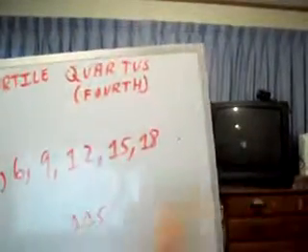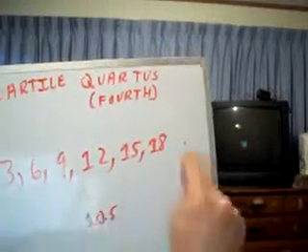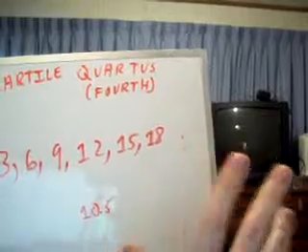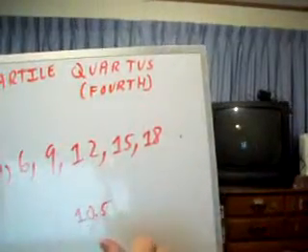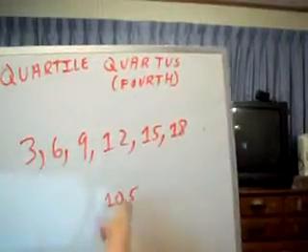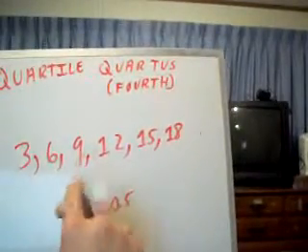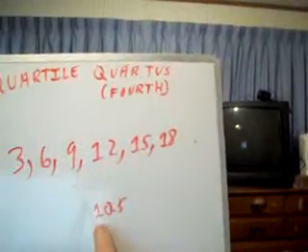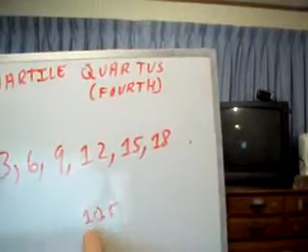Now you say, how are we going to figure this out with this numerical data set? Well, we already know what the median is. You say, well, how do we know what the median is? Remember we taught you in the last video that if you add the 9 and the 12 together and you divide it by 2, you get 10.5. So, well, I don't remember that.